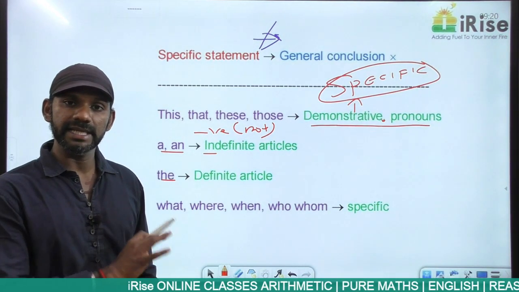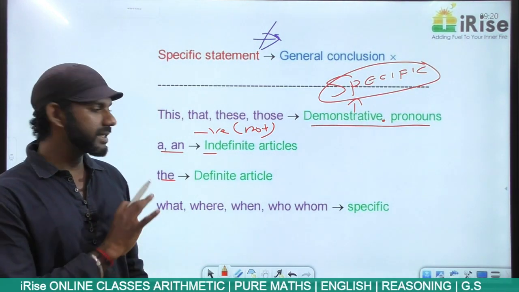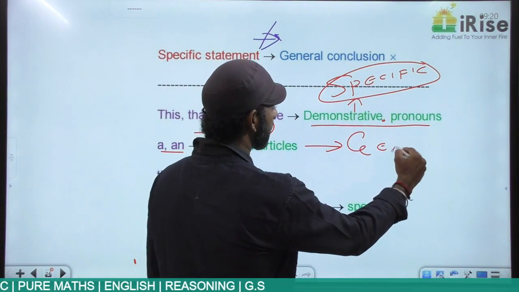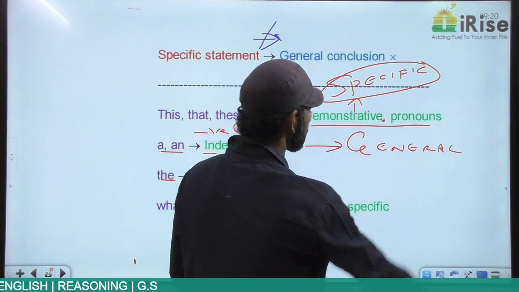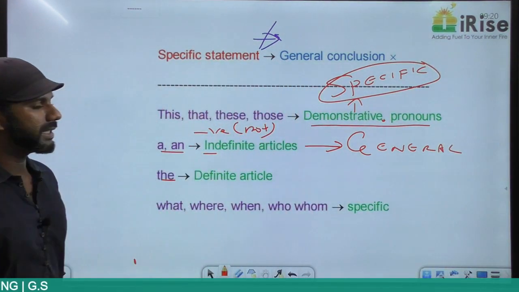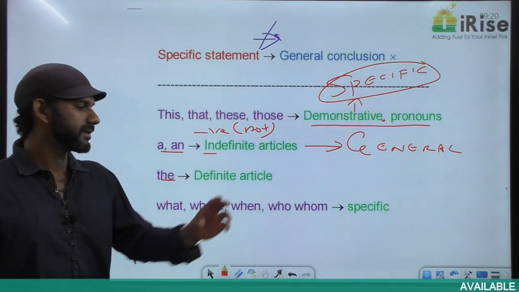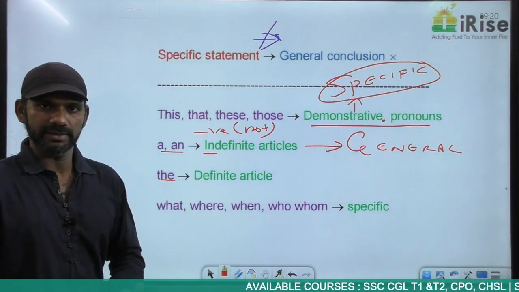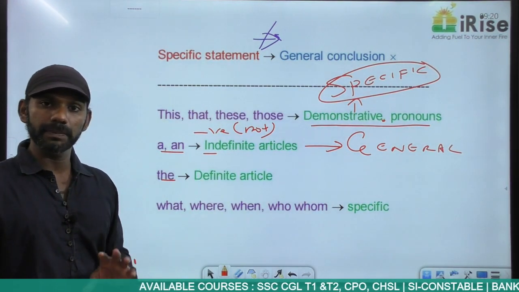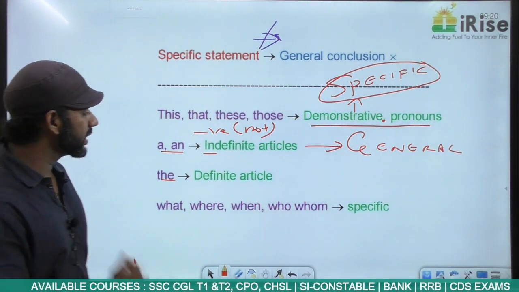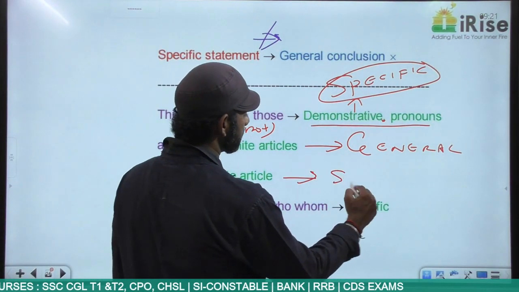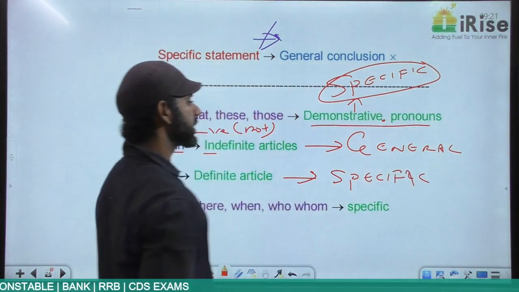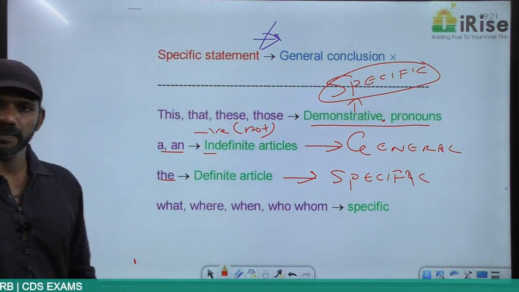That's why they're termed as indefinite articles. That means a and an, indefinite articles, are taken as general. The is called the definite article because we use the to refer to a particular person or a particular object. That means the definite article is taken as specific.